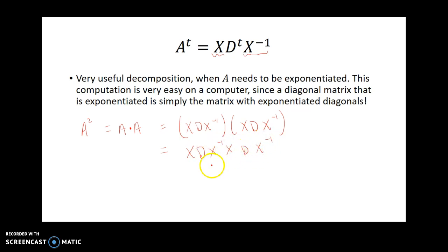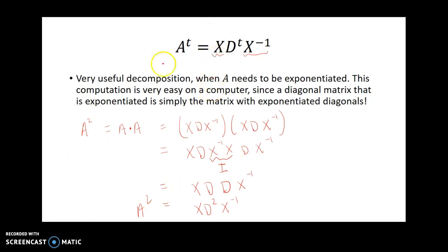And what I notice happens here in the center is I have X inverse times X, which is equal to the identity. So that basically reduces that to the identity, leaving me with XD, D, X inverse all multiplied together. Well, D times D is D squared, and I get XD squared X inverse, and that's equivalent to A squared.